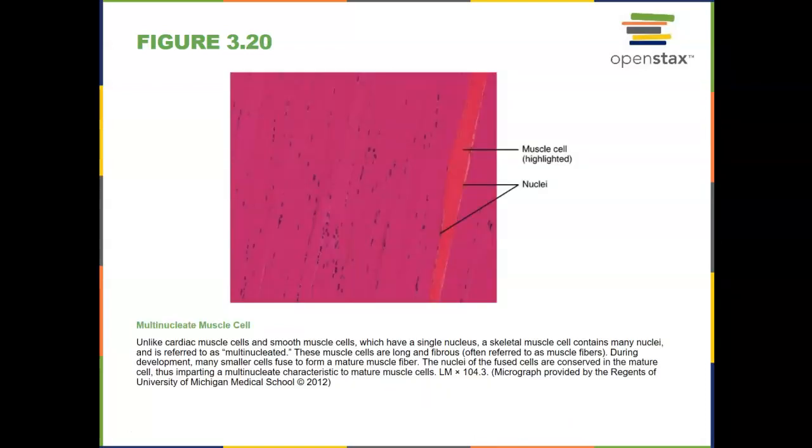Here's an example of a cell that has multiple nuclei in skeletal muscle. Here is an individual muscle cell right here. They offset the color. Each one of these spots is a nucleus, and you'll see on these muscle cells that an individual cell can have many, many nuclei. The reason for that is that muscle cells are as long as the muscle, right? So think about some of the muscles in your legs, how long those muscles are.